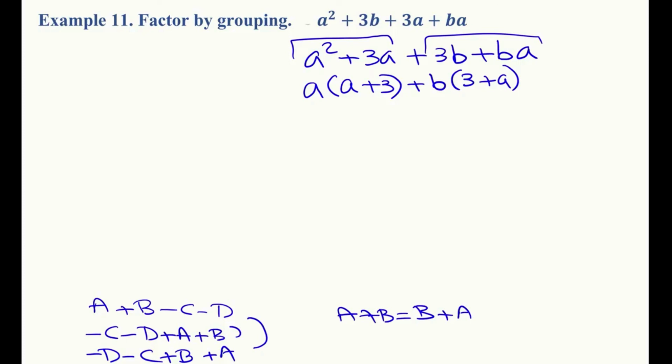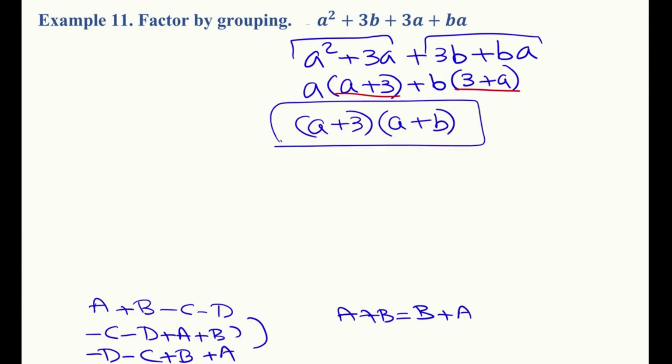So the order doesn't matter. A plus 3 and 3 plus A are the same thing. So we go ahead and factor out that. And we can write it as either A plus 3 or 3 plus A, but we'll just go with A plus 3. And when we factor it out, it leaves us A here and B here. And now we are done.